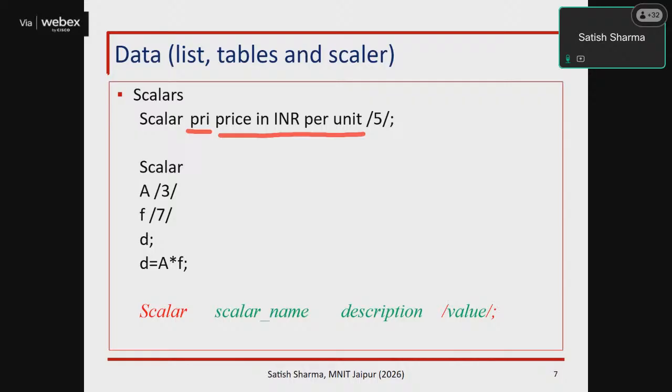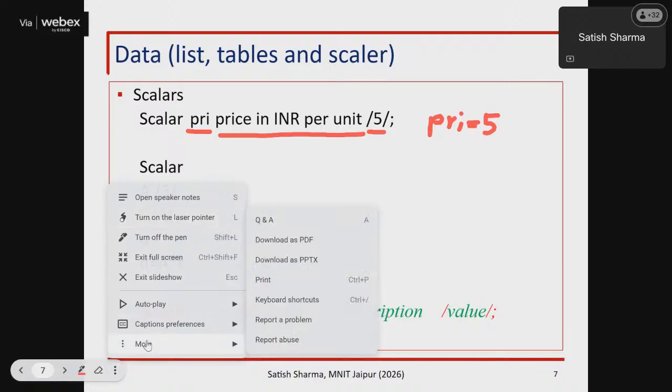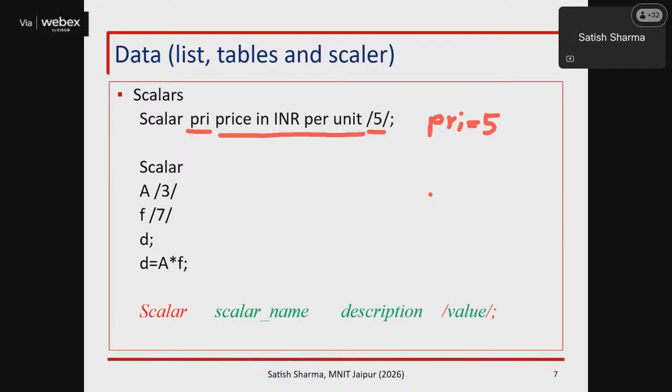So this is the description of this particular scalar. And then in the slashes I have mentioned 5. It means PRI equals 5. This is the meaning of it. Okay.